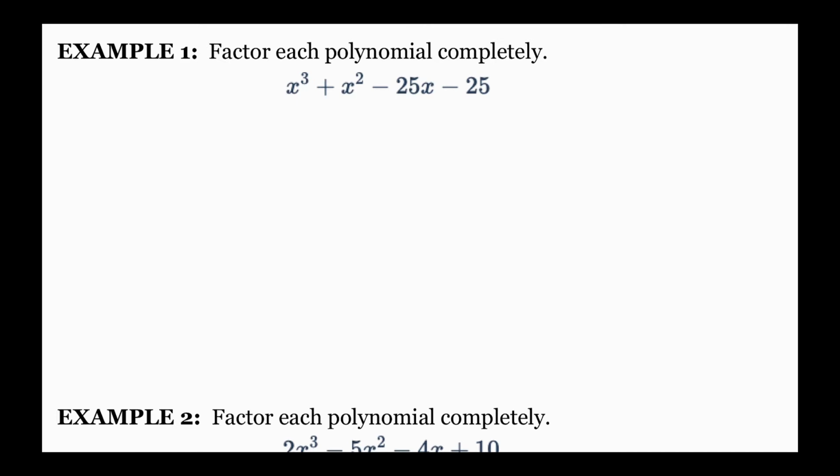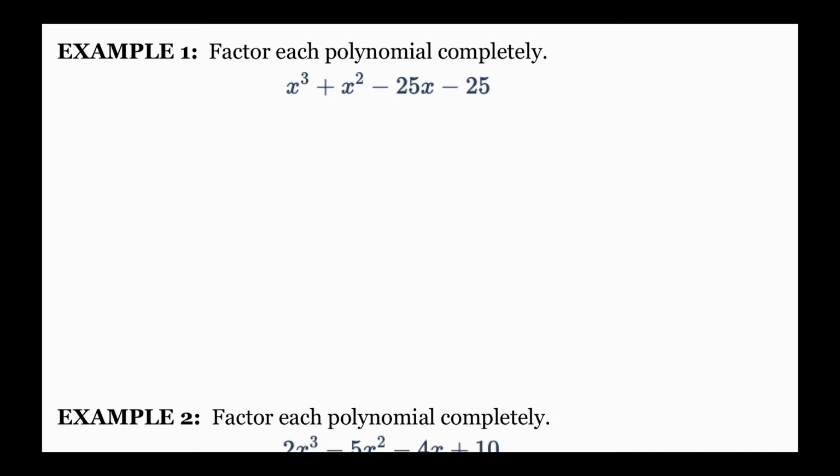Is there an overall big GCF for all of them? The last two have 25 in common. The first 3 have an X in them, right? But the last one doesn't have an X. So no, they don't all. They need to all have something in common.